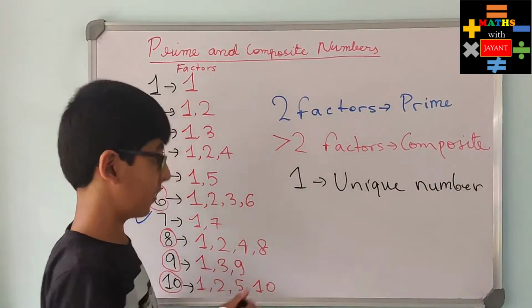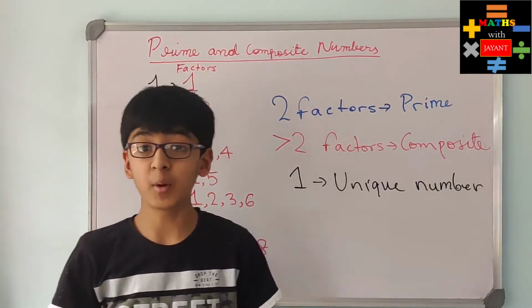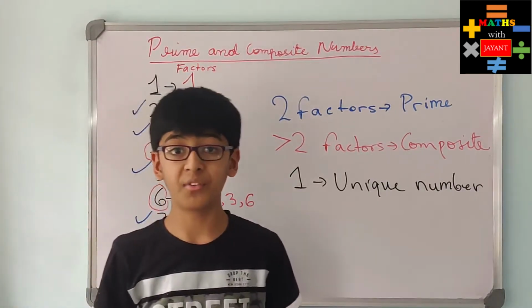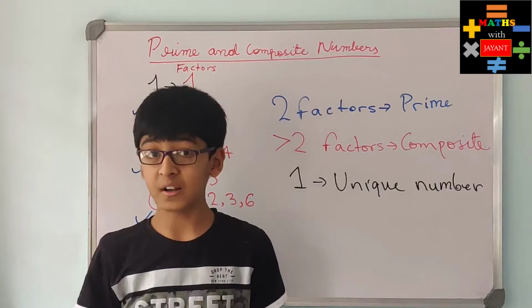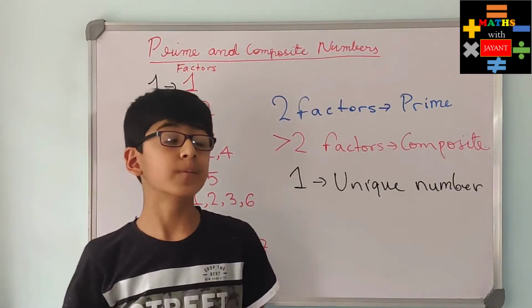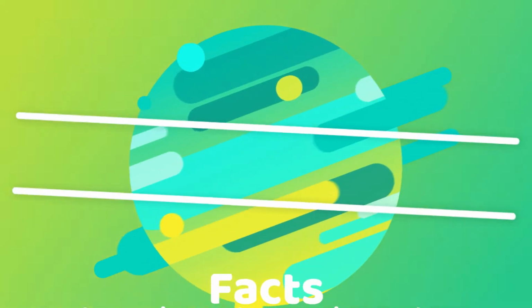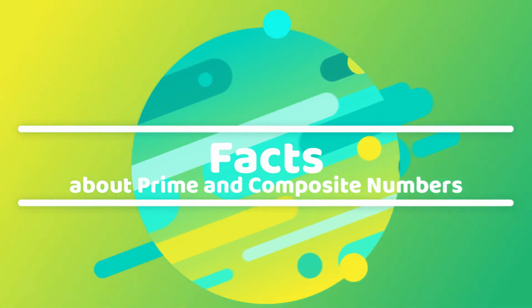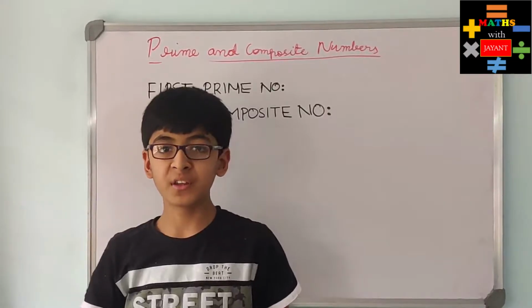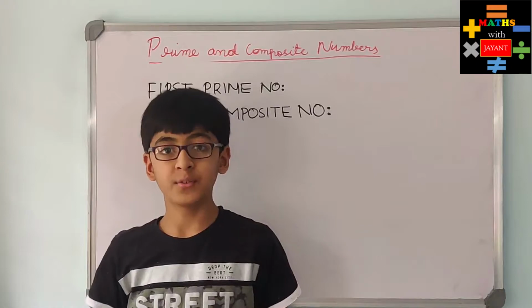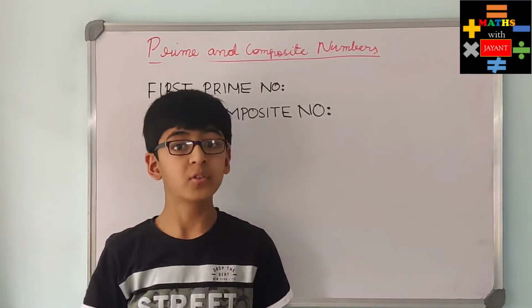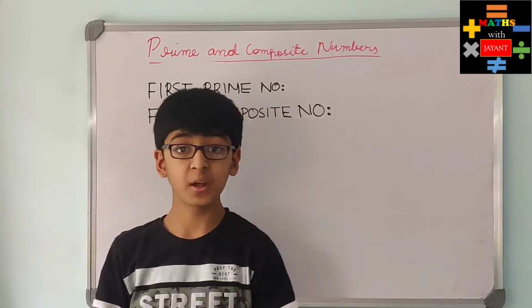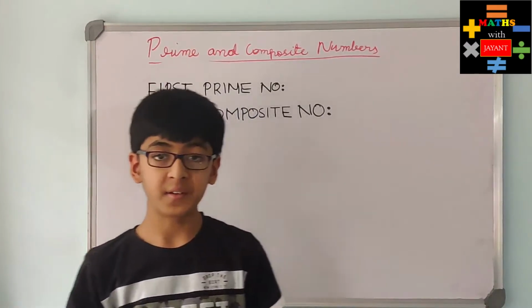So now we have learned what prime numbers and what composite numbers are. So now let us learn a few facts about prime and composite numbers. So let's see.